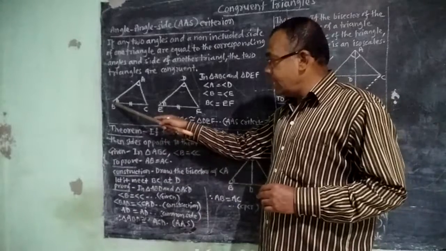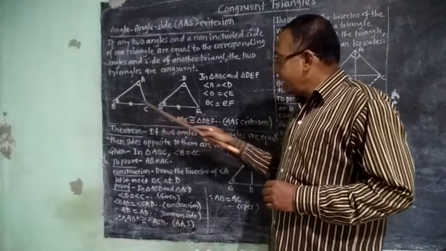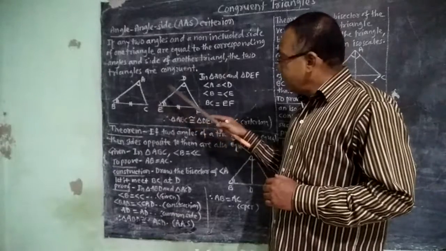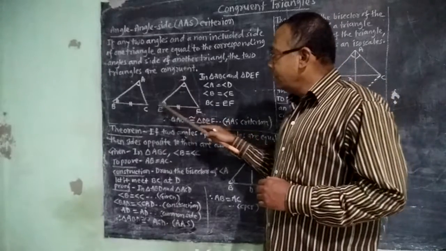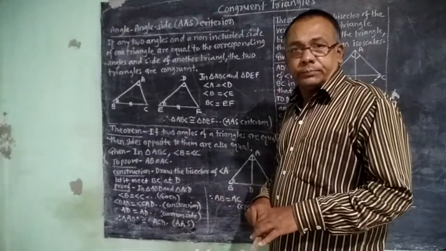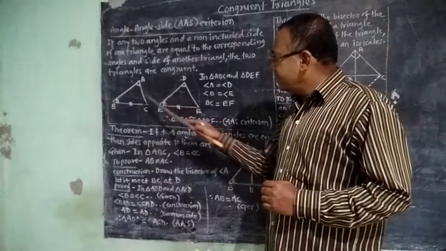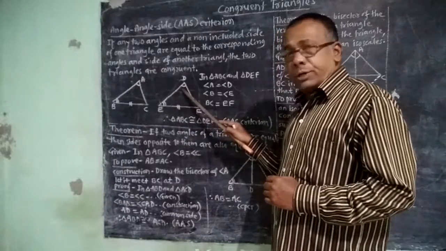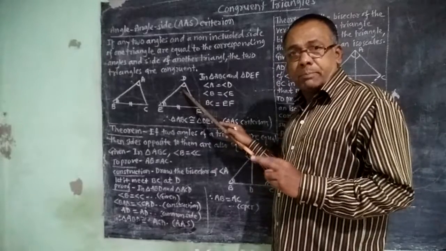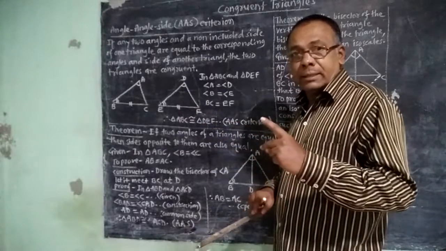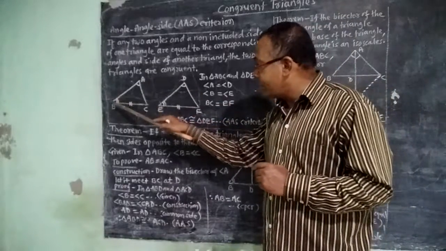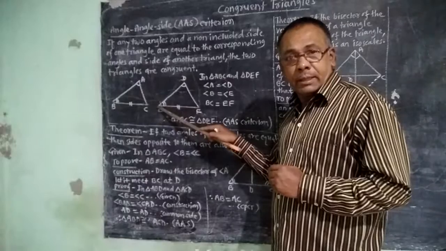Similarly, angle B of triangle ABC and angle E of triangle DEF are the corresponding angles. Since we have denoted the corresponding angles by the same sign, angle A equals angle D and angle B equals angle E.